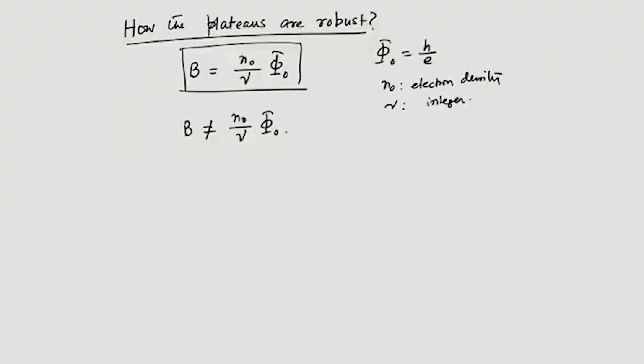So for a given point, this condition is satisfied, and at the next available value of the magnetic field, and how do you change the magnetic field? You change the current in the electromagnet which is producing the magnetic field. So the magnetic field changes its value, and this condition goes out of balance, and the equality becomes a non-equality. If that happens, then how are plateaus formed in the first place? Because then you will have a small, infinitesimally small region where this condition is satisfied, and after that this condition is not satisfied.